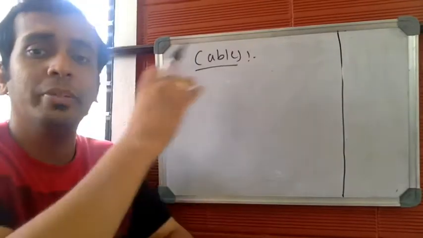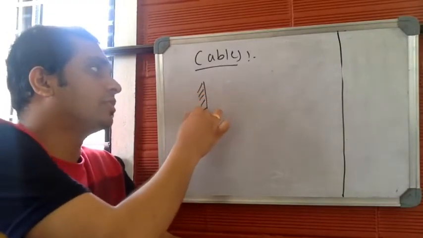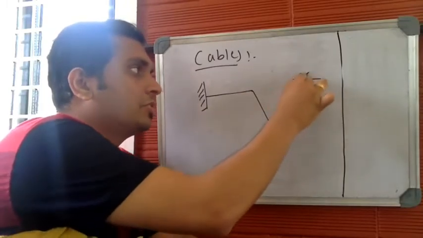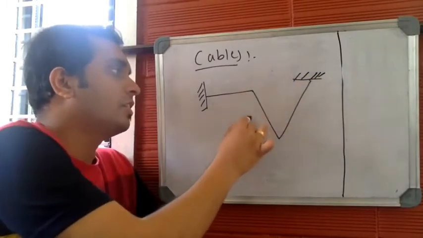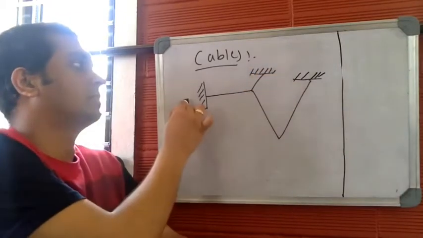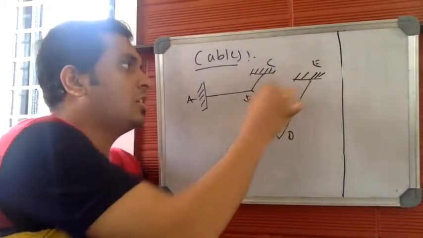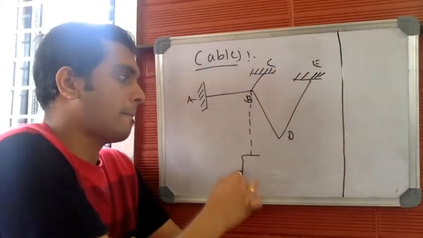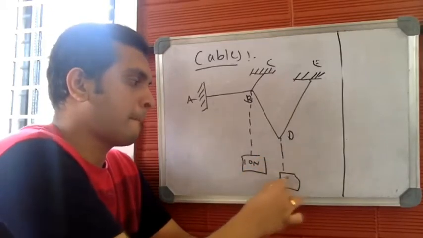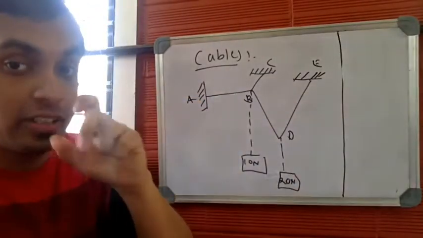In order to understand, let me consider a cable arrangement or cable segment. Let me consider a small example of a cable arrangement in order to understand the terminologies. A, B, C, D, E. Okay, so this is the considered cable arrangement.